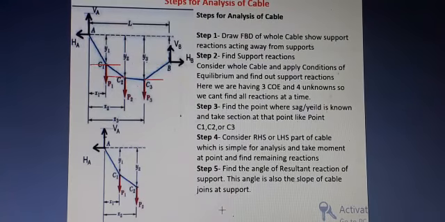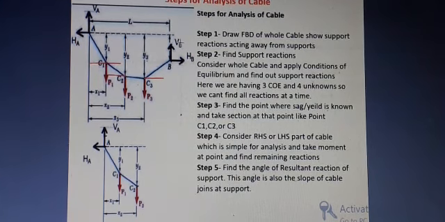Now the steps for the analysis of cable. Here also you have to draw the FBD of the whole cable, show the support reactions, and find them by applying the conditions of equilibrium. But here the cable is supported at both ends with hinge supports. So the support reactions are 4 and we have only 3 conditions of equilibrium.